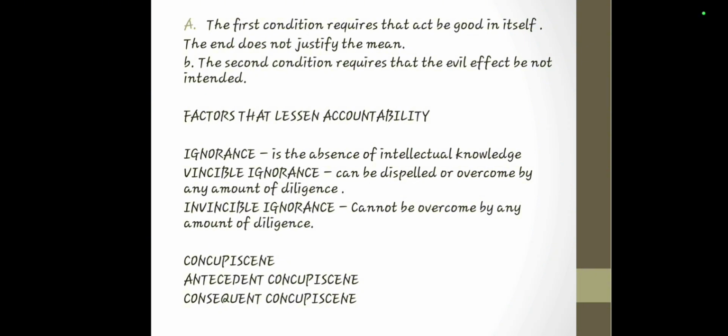Meaning to say, it arises without the will, with no consent at all. Consequent concupiscence neither lessens nor destroys responsibility. Meaning to say, it arises by the will or by the consent of the person. So that is concupiscence.